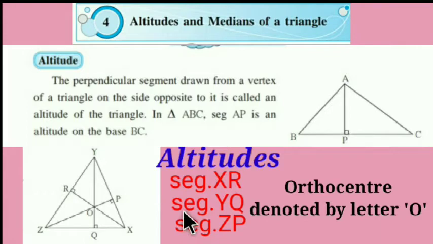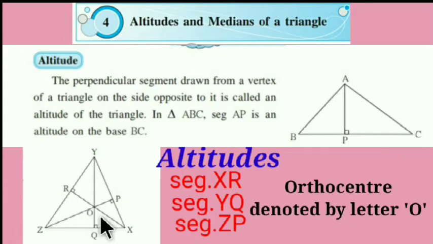Then the second altitude, for the base ZX, is seg YQ. And next, for the base XY, this is the altitude ZP. Hence these are the three altitudes of triangle XYZ: seg XR, seg YQ and seg ZP.